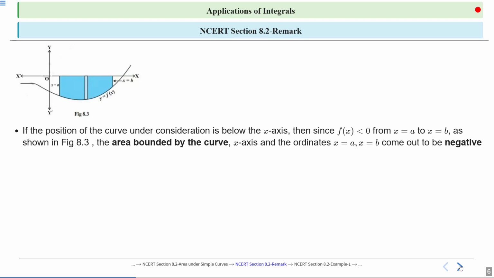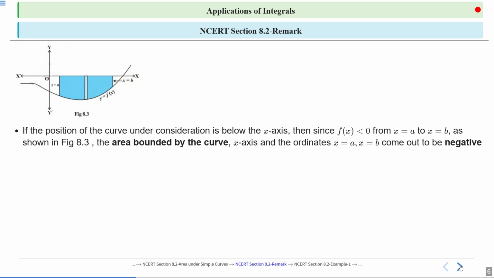We take the curve y = f(x) that lies below the x-axis, and since f(x) is negative, we want to find the area of the region bounded by the line x = a, the curve y = f(x), the line x = b and the x-axis. The blue color region is the one whose area we want to find.